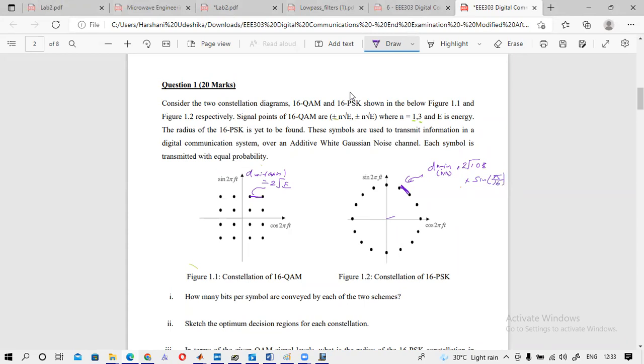So let's say this is R1 and this is R2. Definitely R2 should be less than R1. So let's say the distance here is D1, it is for QAM, and the distance for this is D2. D1 should be greater than D2.